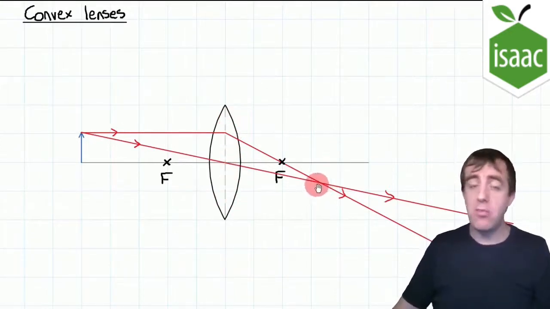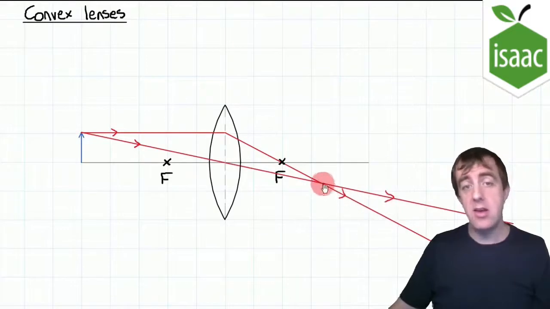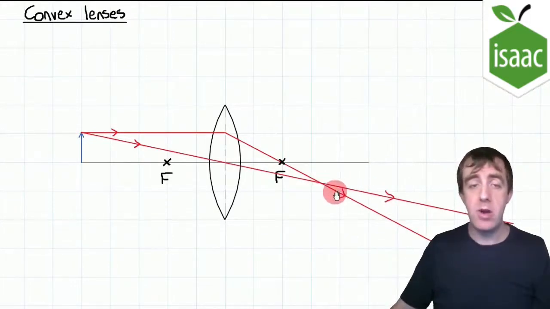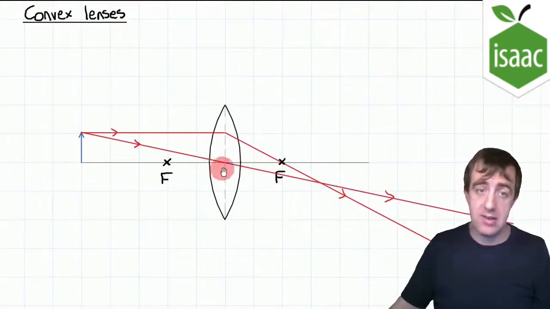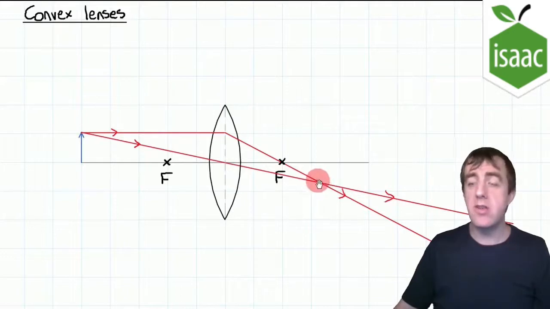The image is the point from which it appears as though the rays are diverging. If I was stood over here, looking along these rays, then this is the point from which I would think the rays are diverging. I wouldn't necessarily know that there's a lens here and an object all the way back here. So this point here is the image.